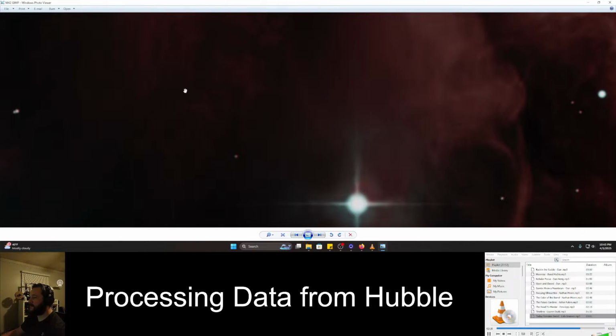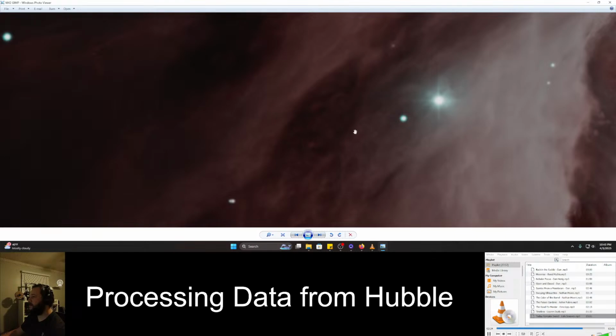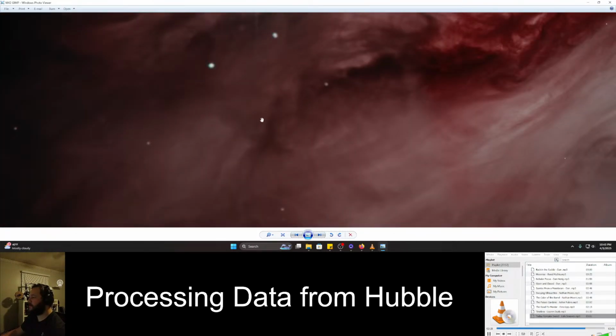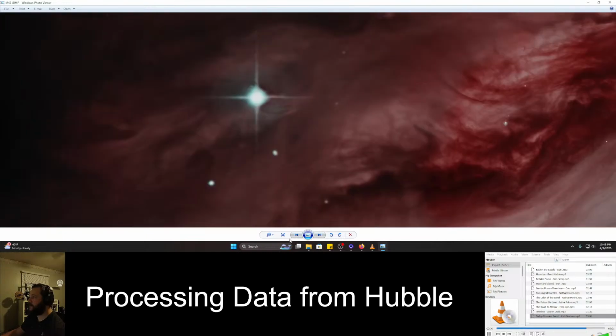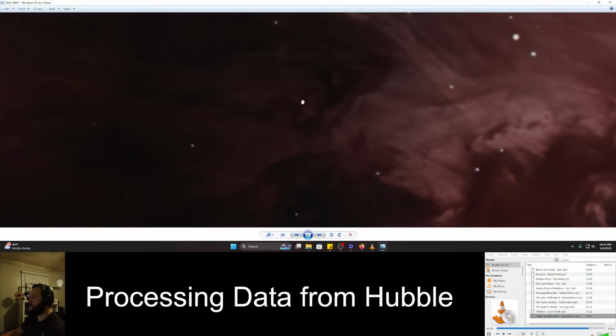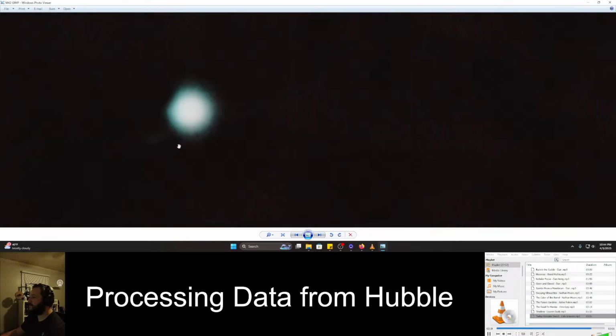That's probably a double star right there. The dark parts of the image don't get a lot of love, but I bet there's probably some interesting stuff in here to someone. What's up with that? See that? That's kind of weird.